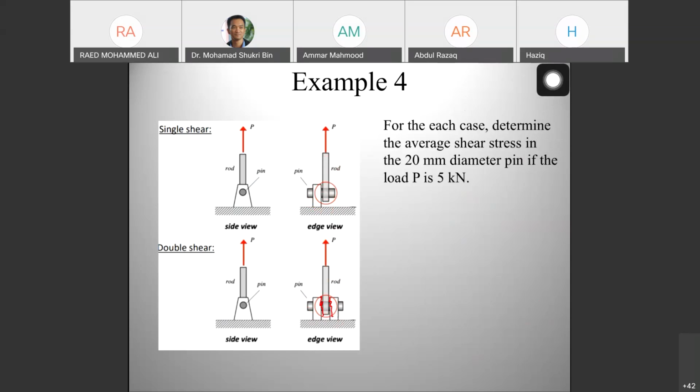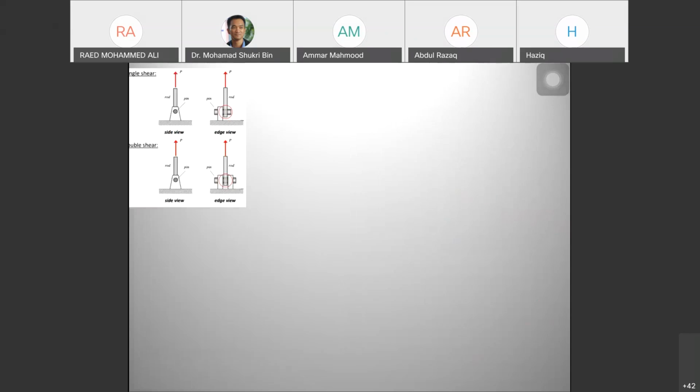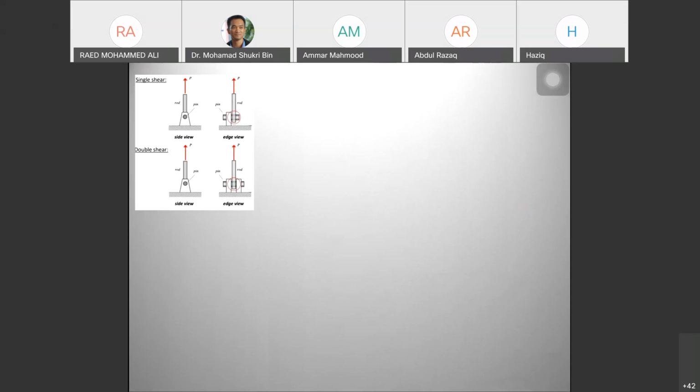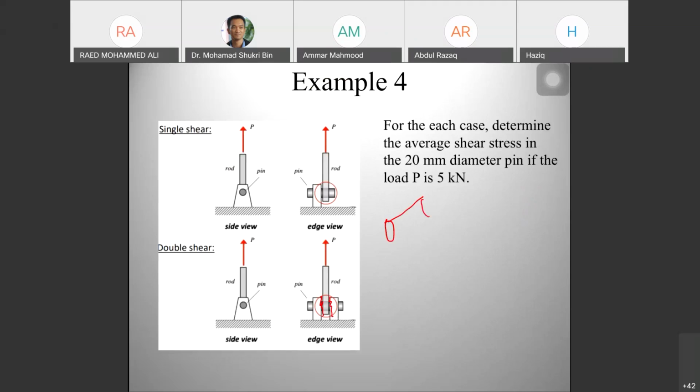This is useful when we want to analyze the pin. Let's say I draw the pin in 3D. You have the pin and we have force P like this. The area is inside here.